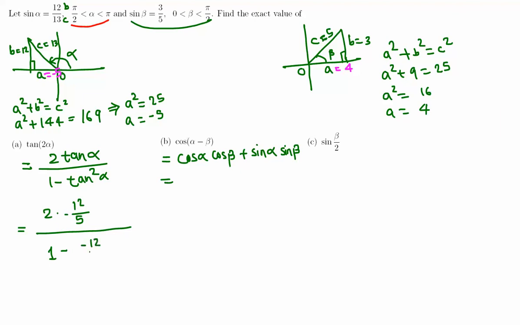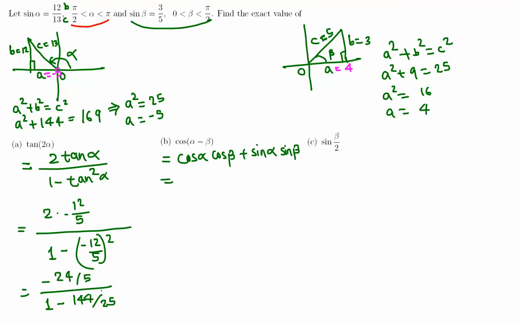So negative 12 over 5, squared. Let's simplify this. On the top, we just multiply 2 times 12, 24 over 5, that's negative. So negative 24 over 5, all over, on the bottom, 1 minus this negative squared. Do not multiply these two, a negative squared is positive, 12 over 5 squared, 12 squared is 144, divided by 5 squared, 25.